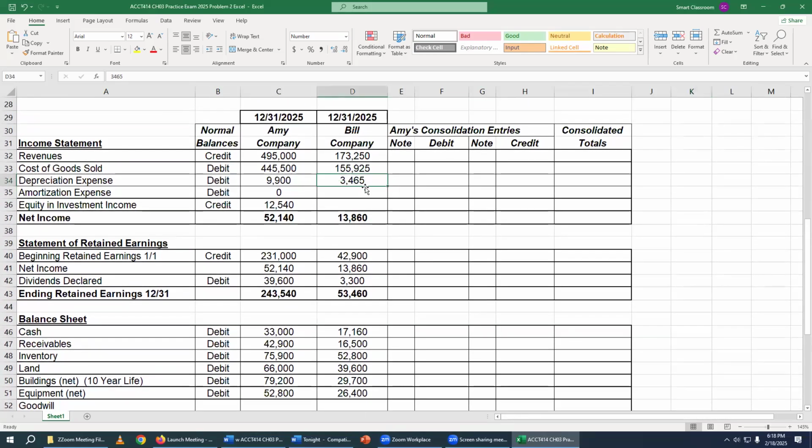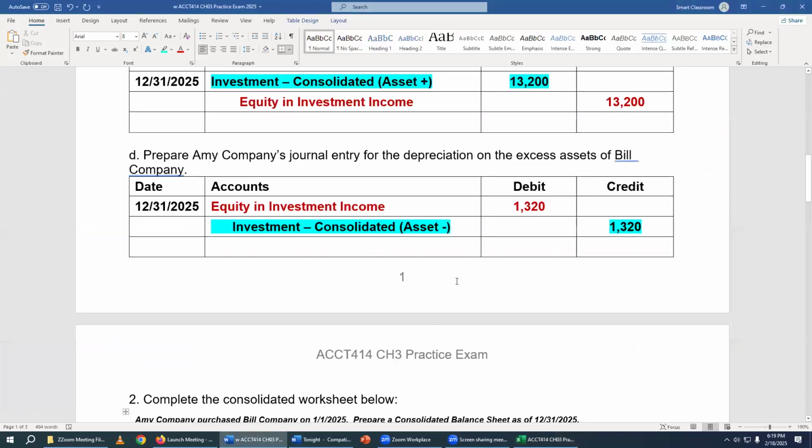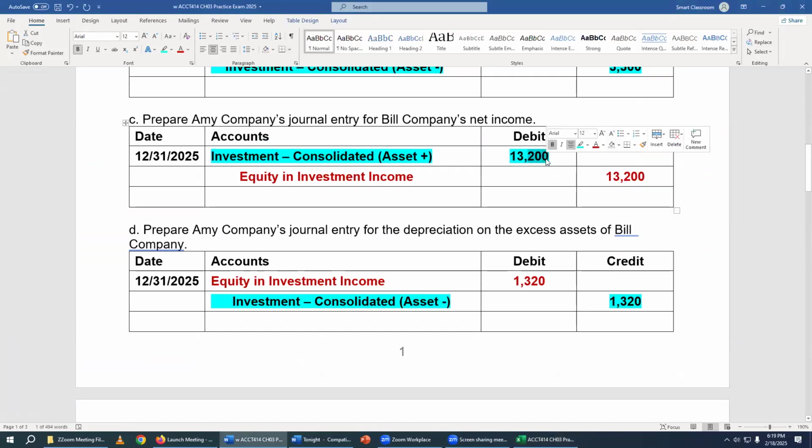Is that right? Okay, this should be 13,860 apparently. That would be it. Okay, well, on the test, let me make the correction over here. 13,860.